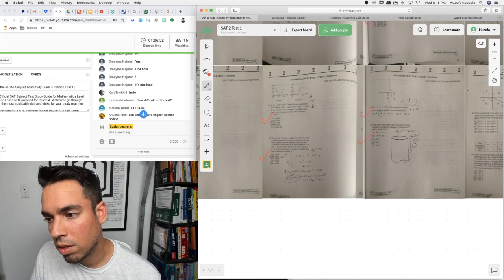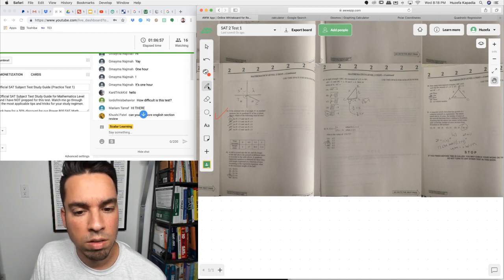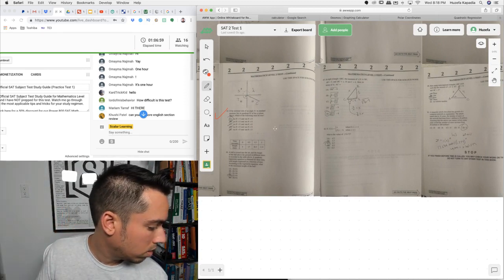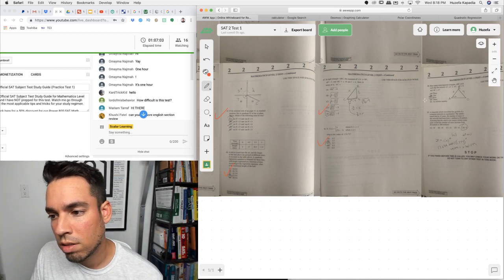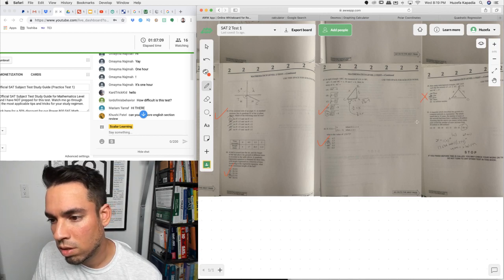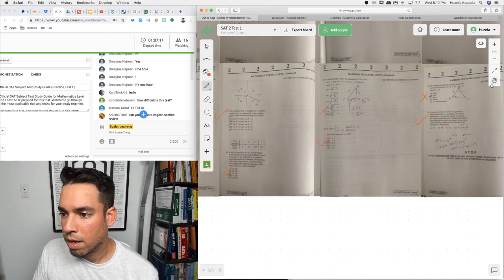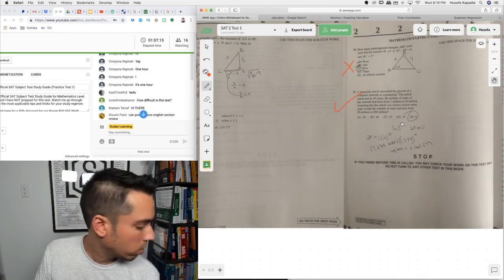41 is C B B D A. Okay, and these last 5 were the hardest, I think. 46 is D E C A E. Oops, wrong. Yeah, this one I really didn't know how to do. I kind of guessed.